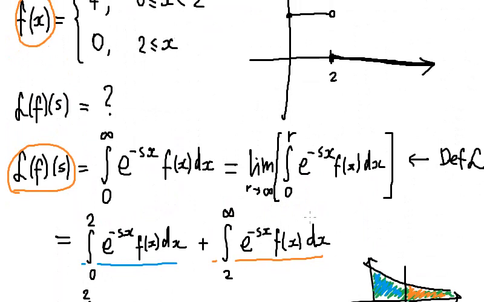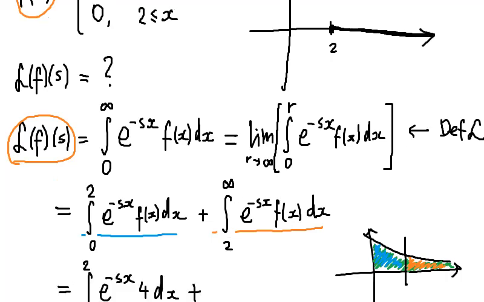So in this integral, x is always bigger or equal to 2, because it ranges between 2 and infinity. That's the same as saying it's bigger or equal to 2, of course. And since x is always bigger or equal to 2, f of x will always be equal to 0. So here on this side we have e to the power minus sx times 0 dx.